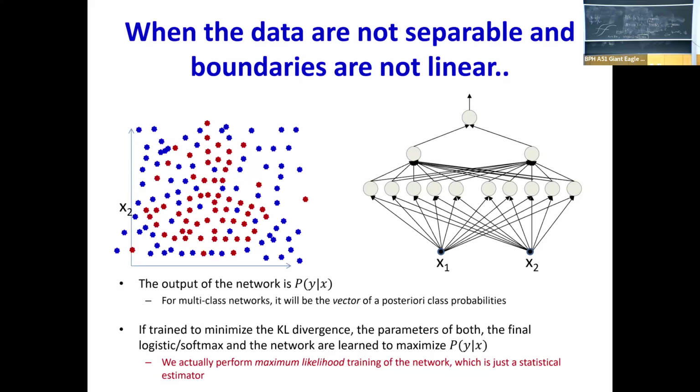And if it's trained to minimize the KL divergence, the parameters of both the final logistic and the network are learned to maximize P of y given X, meaning it's actually a statistical model. And what we are performing is maximum likelihood training of the network, which is a statistical estimator. So the neural network is not just any odd function, it's a statistical estimator.